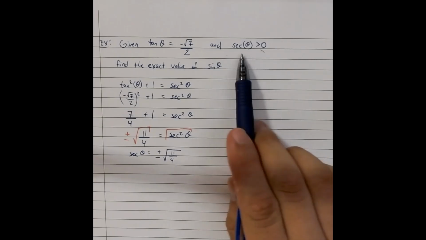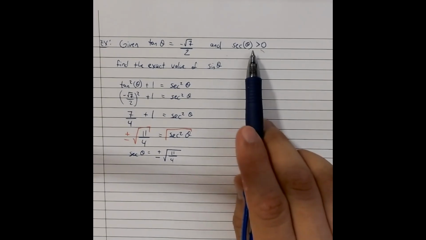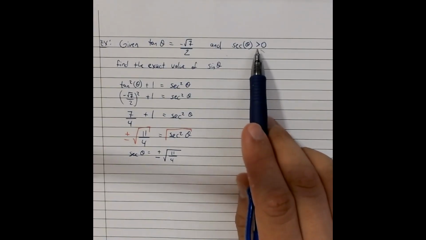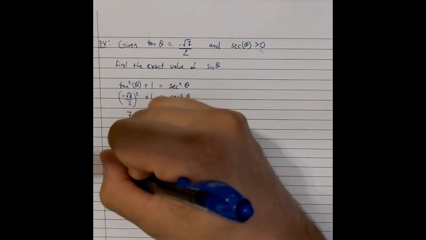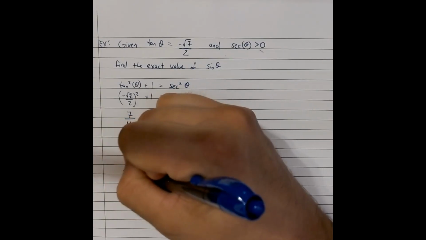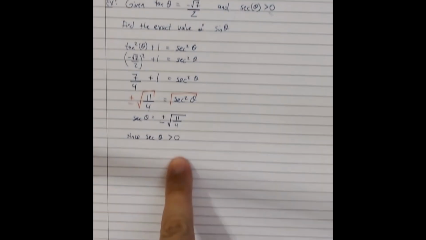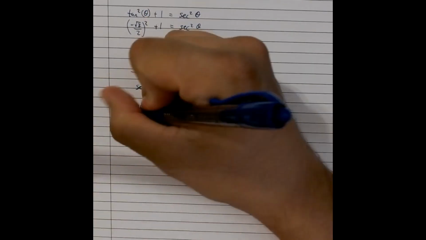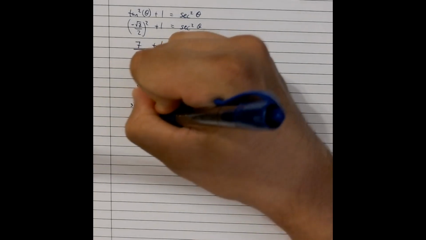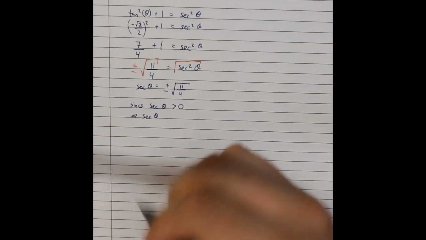Now here, note that one of my pieces of information that was given is that the secant of theta should be positive. Oh, so since secant of theta must be positive, must be greater than 0, well then it can't be the negative one. So that suggests that the secant of theta must be the positive square root.